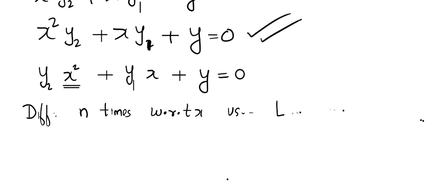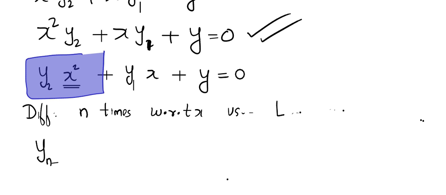Okay, now look at this. I'm going to apply Leibniz theorem term by term. Can you see a product? So let's start. y2 becomes, what should I do with the first term? I should write the nth derivative, and I told you it is very easy to write the nth derivative.